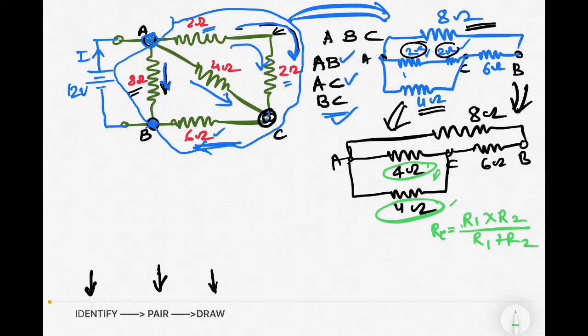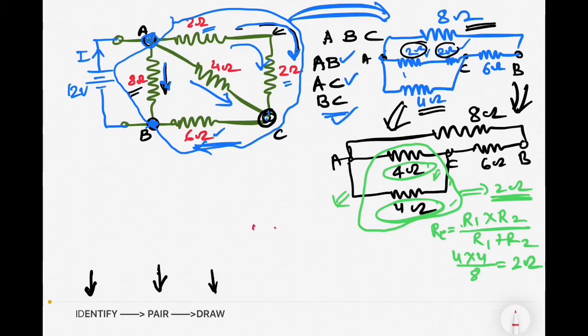So in this case, it becomes 4 into 4 divided by 4 plus 4, which is 8. So how much does it become? It's 2 ohm. So I can replace these two resistors by a 2 ohm resistor. Clear?